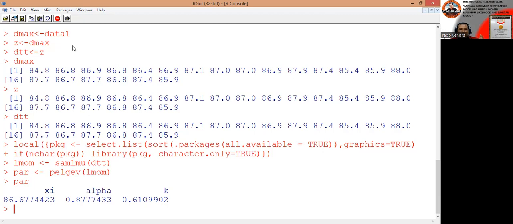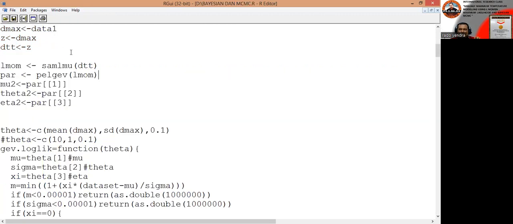Okay, in R programming, to take the parameters one by one, we must use some programming like par with double brackets 1 for mu2, and theta2 uses par with double brackets 2, and eta2 uses par with double brackets 3.